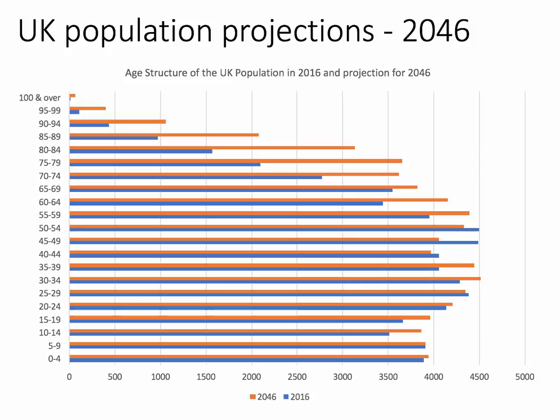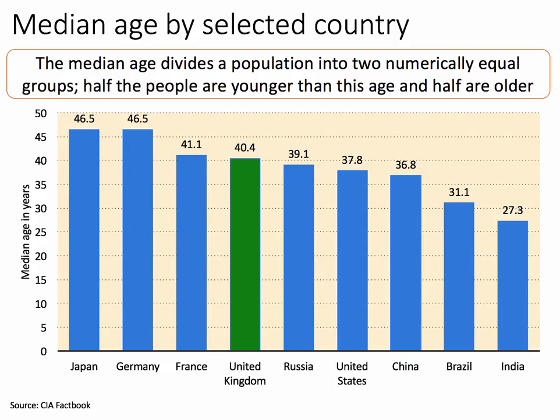Now, higher life expectancy, I think, should be celebrated, but undoubtedly Britain faces big challenges. How do we respond to an ageing population? Have a look, for example, on the chart at the number of people forecast to be aged over 90 by 2046. The average life expectancy of a girl born in 2015 is 94 years and 91 for a boy.